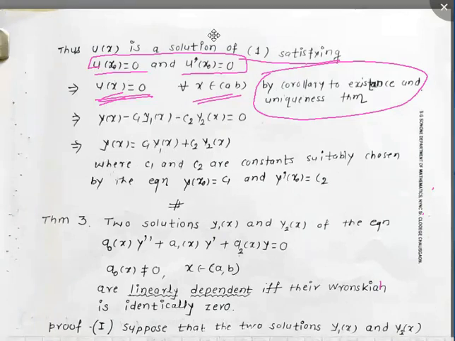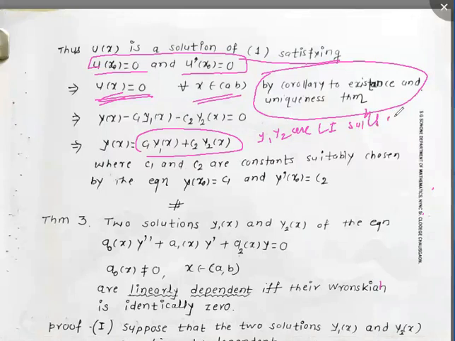So y(x) is a linear combination with constants c1 and c2, where y1 and y2 are linearly independent solutions of 1, and y(x) is a third solution, any other solution of differential equation 1. It can be written as a linear combination of these two solutions y1 and y2, which are linearly independent.